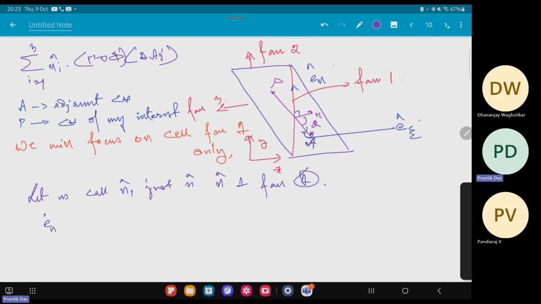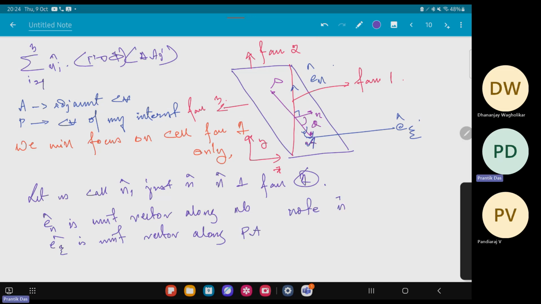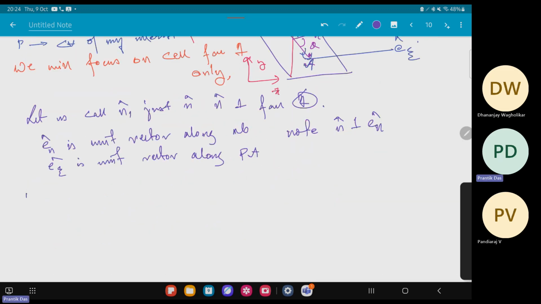So e eta cap is the unit vector along AB and e zeta cap is the unit vector along DA. Note n cap is perpendicular to e eta. Okay, but note PA is not perpendicular to AB.